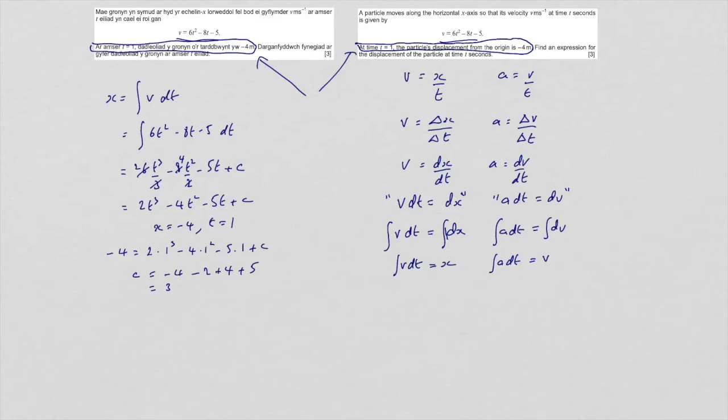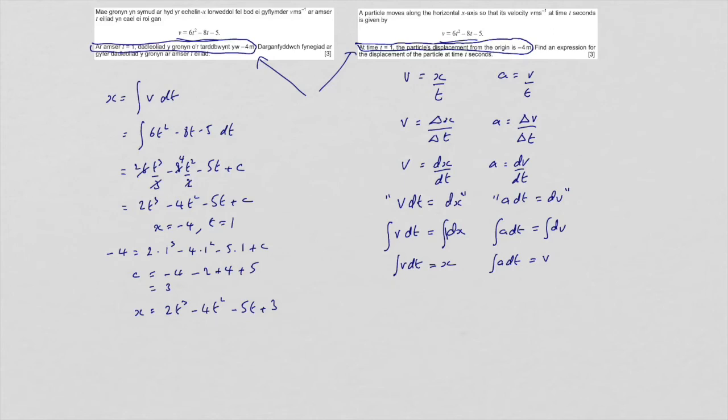And so we have our final answer, which is that x is equal to 2t cubed minus 4t squared minus 5t plus 3.